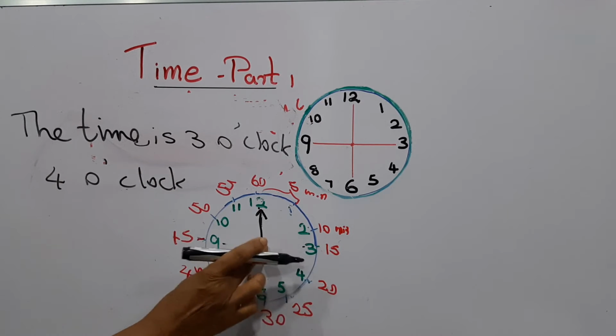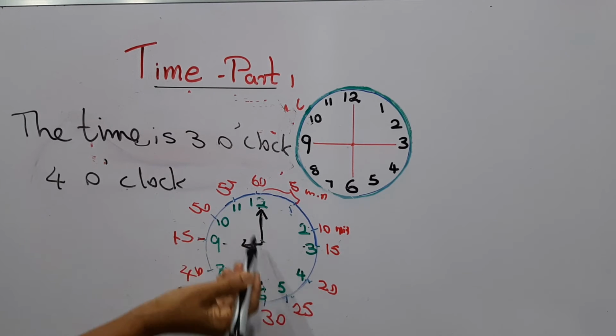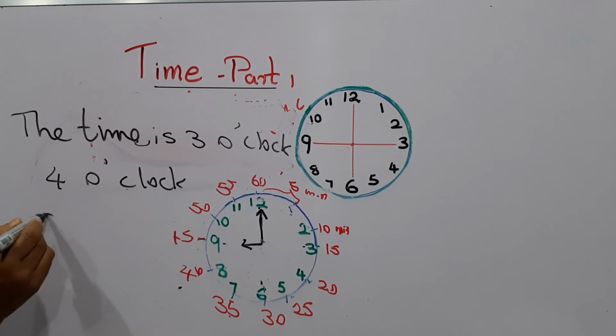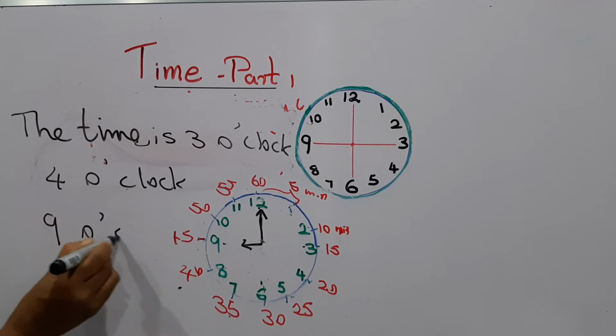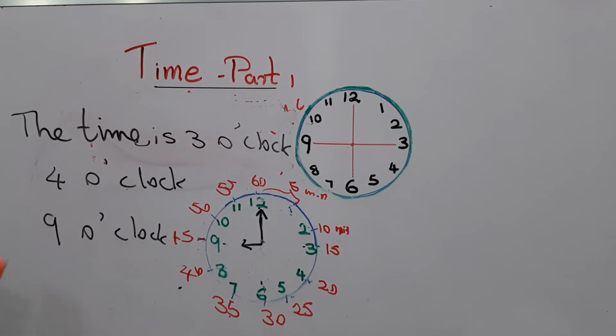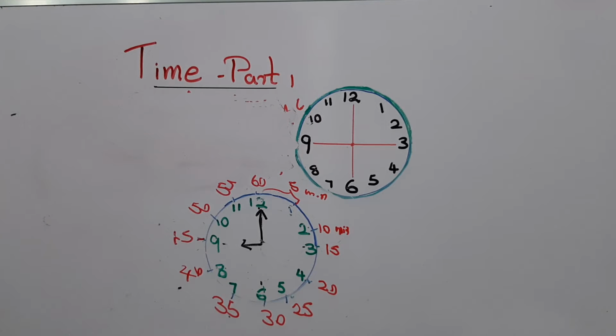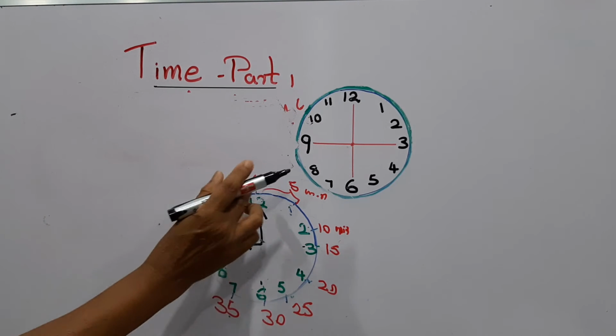If the hour hand points towards 9, now what's the time? It is 9 o'clock. Then we'll see now 9 o'clock.